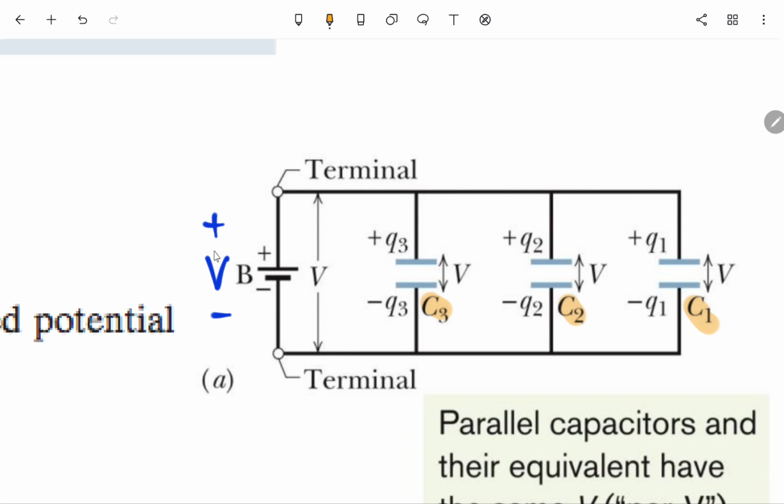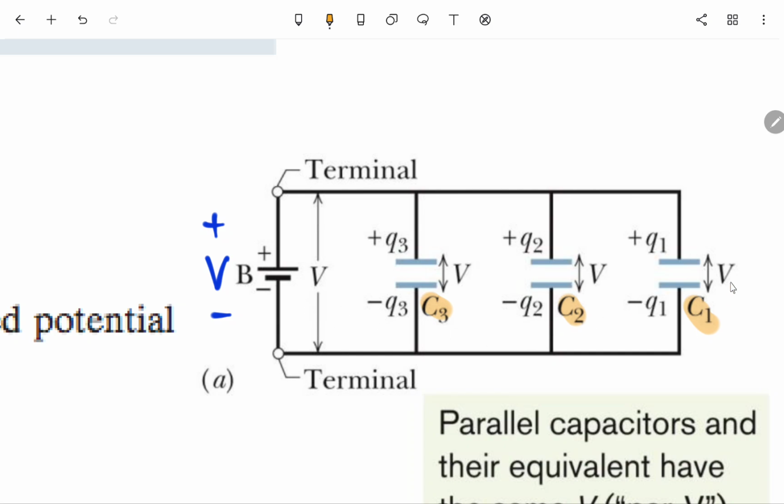Okay, so this is what we call parallel: the positive terminal connects to the top plates of all the capacitors, and the negative terminal also connects to all the bottom plates. That is what we call parallel.